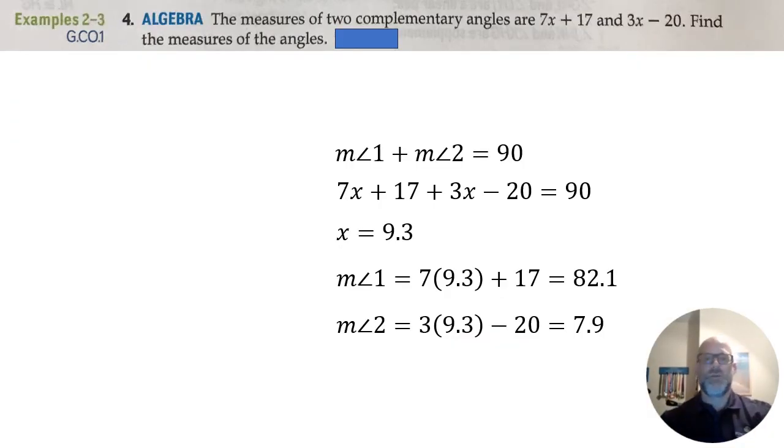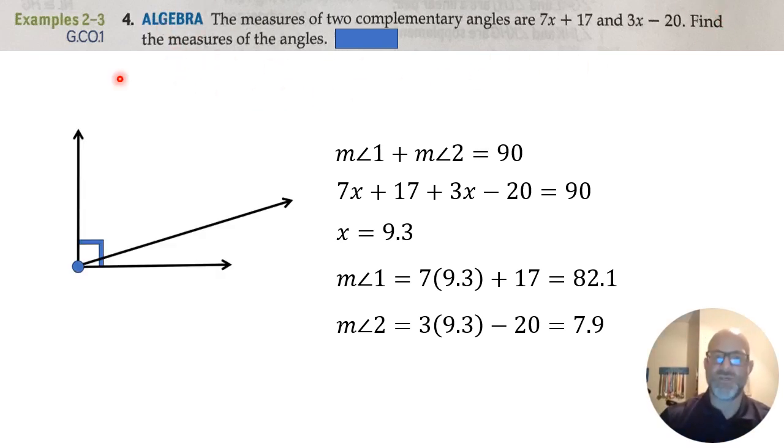All right, algebra. The measures of two complementary angles are 7x plus 17 and 3x minus 20. Find the measures of the angles. The algebra should not be showing right now. So let's just go straight from the verbal, which is all you should have, to the geometry right here.